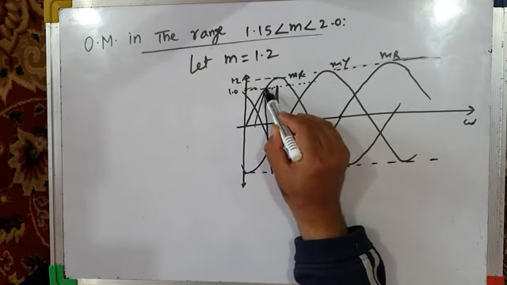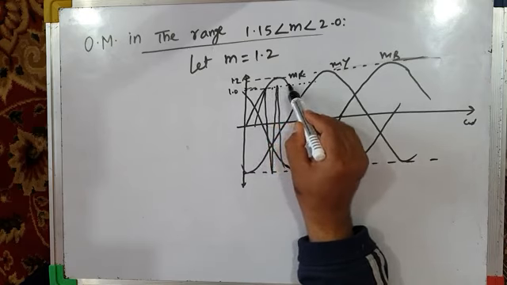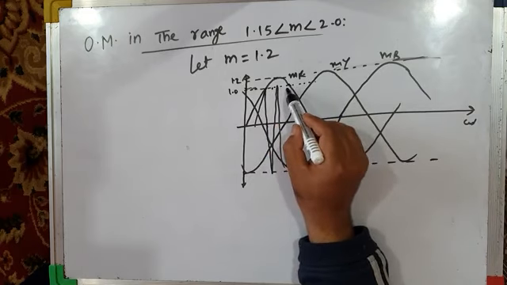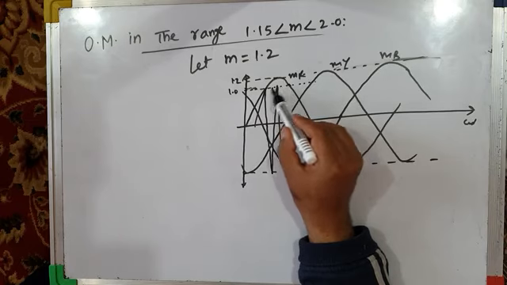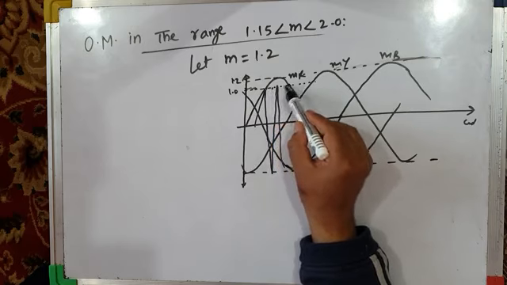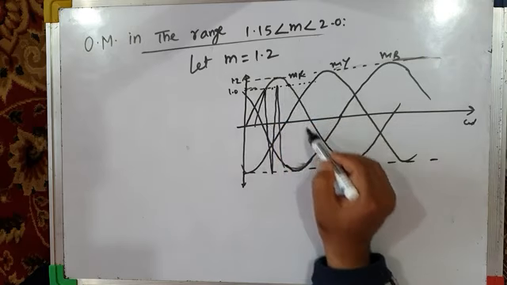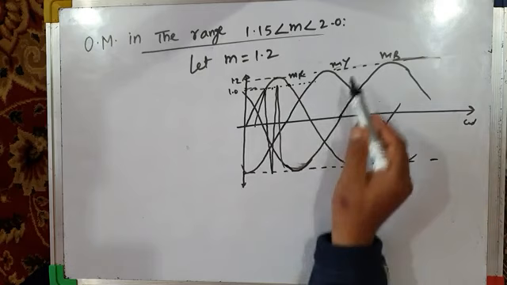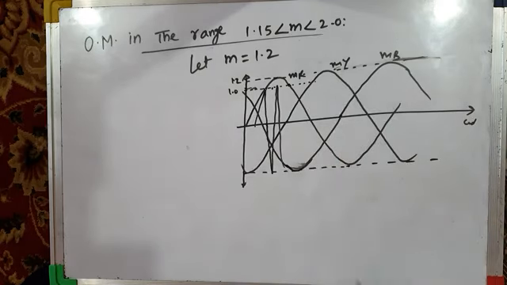Okay, so it will be flat like this, because from this instant to this instant, the top switch of phase leg R will be permanently on, and pole voltage VRO will be equal to 0.5 VDC or VDC by 2. There will be no switching from this instant to this instant, so that will cause pulse dropping. Similarly in the negative half cycle and so on. Okay, so these are the three reference modulating sine waves, MR, MY, MB for modulation index 1.2.